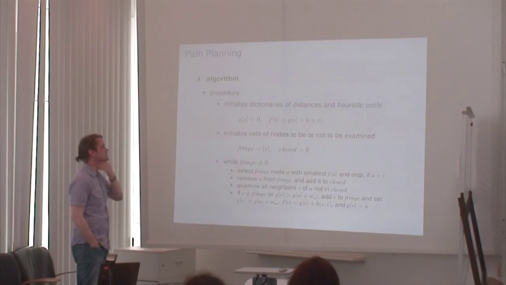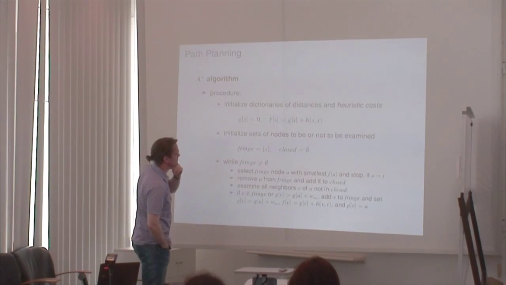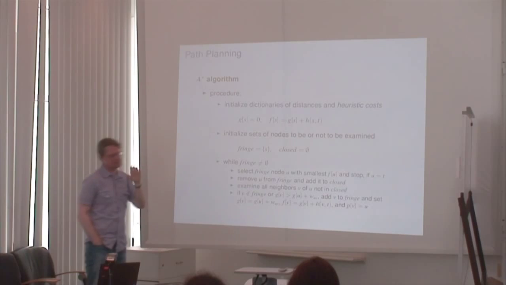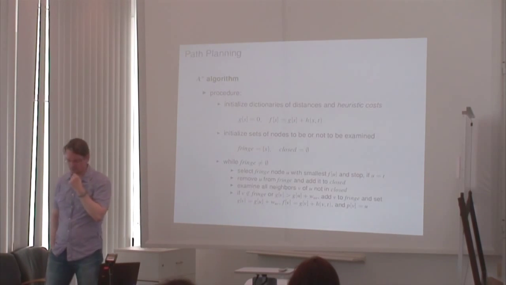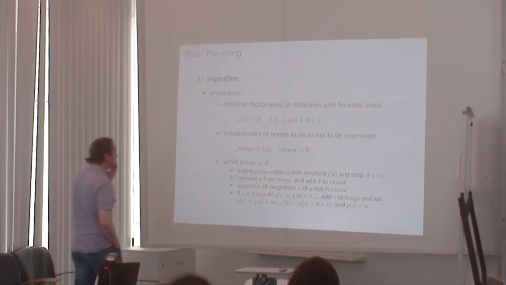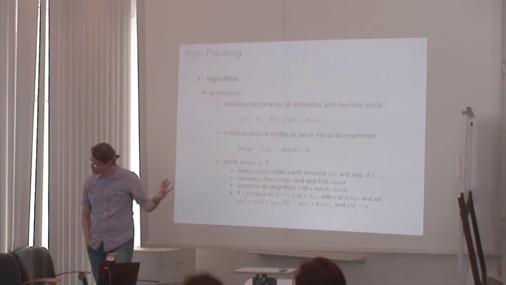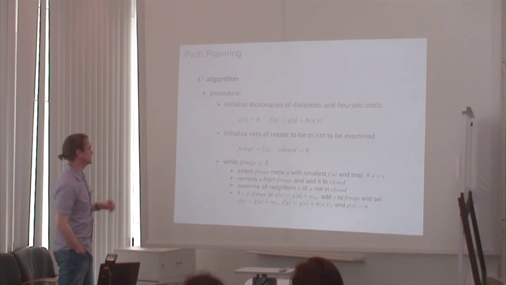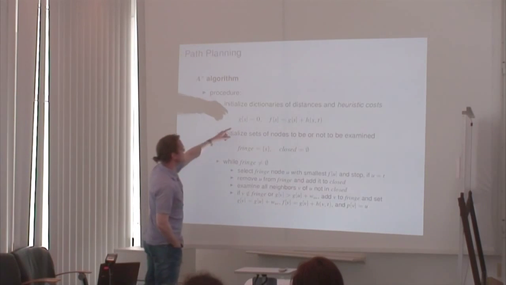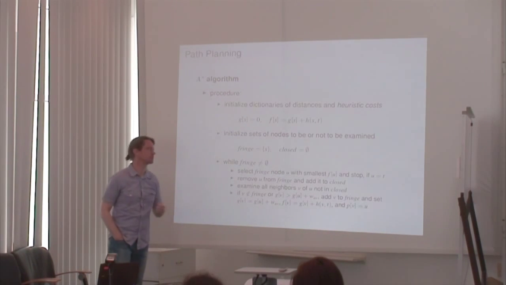Here, we initialize two dictionaries. This is slightly different than in Dijkstra's algorithm. And what was called D in Dijkstra's algorithm is now called G, and that is again just for historical reasons. But this dictionary G contains distance values.